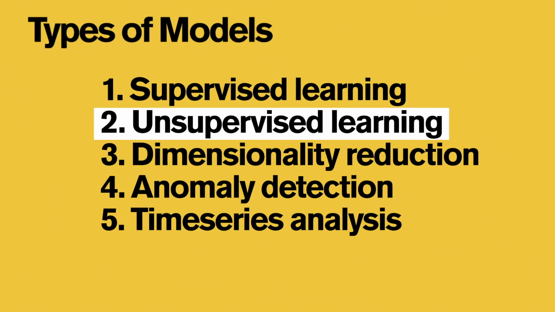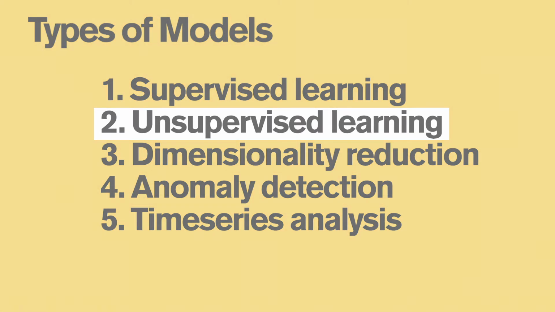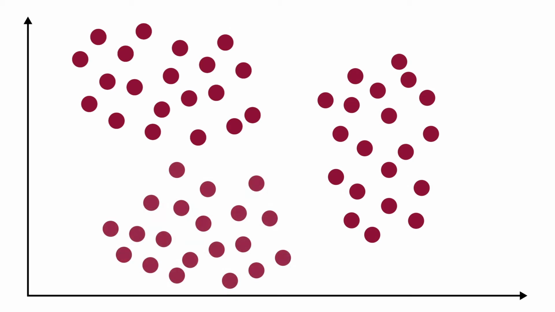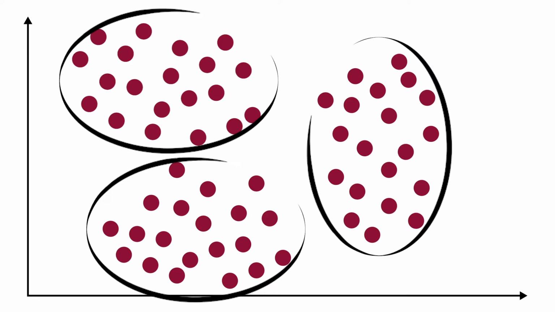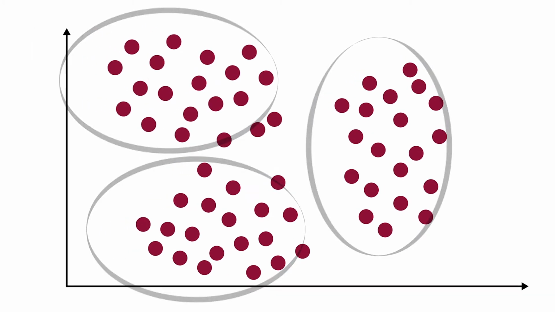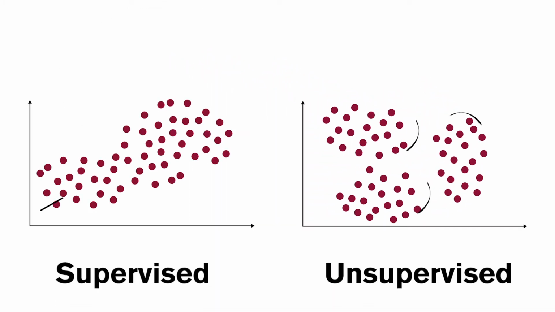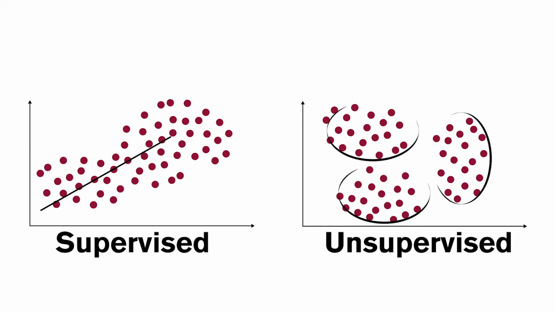The next category is unsupervised learning. The most common are clustering algorithms. So you're trying to group your X values without a Y. You don't care about predicting something. You just want to see how the data groups together naturally, quote unquote, naturally. So the big difference between supervised and unsupervised learning: in supervised learning you're trying to predict a certain value.